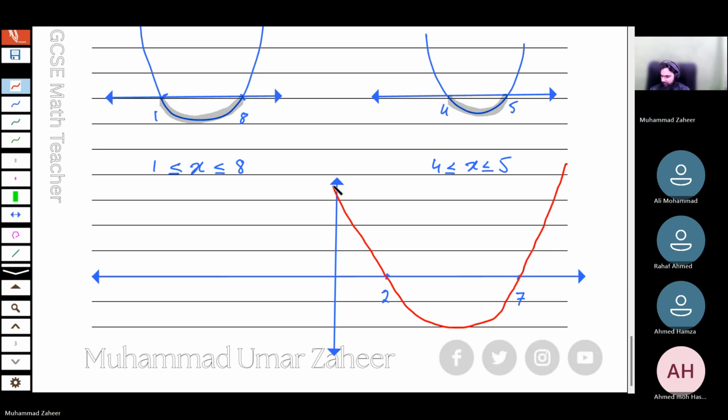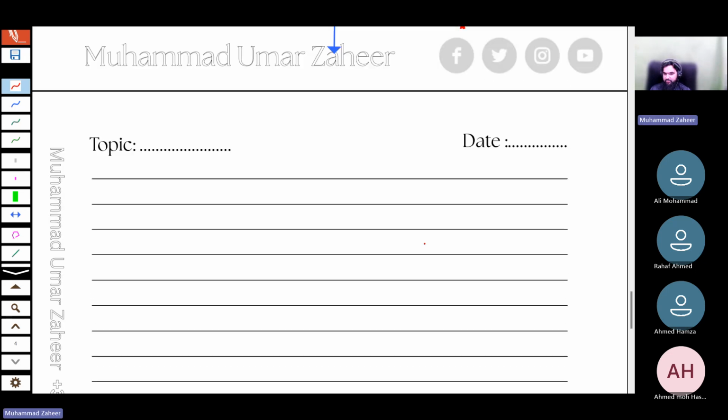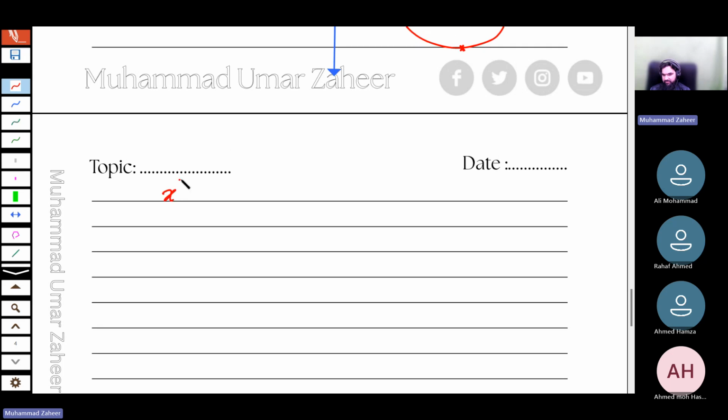For this graph, obviously I need the turning point as well. So let's find the turning point. We have x square minus 9x plus 14 is equal to 0. For the turning point, how am I able to find it?